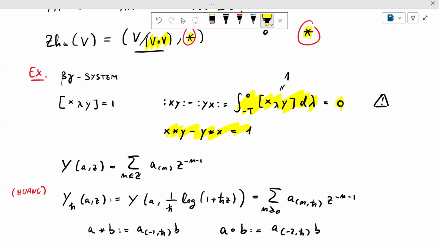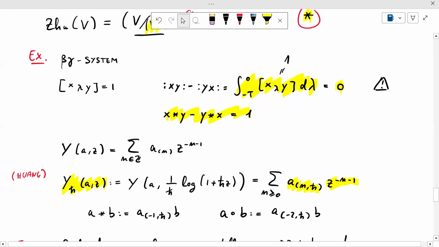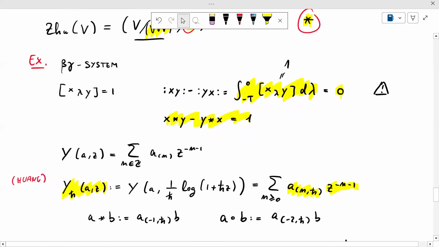One can define these deformed vertex operators in this sort of weird way, and by collecting the z's, one obtains these deformed n-th products. Now, the minus 1 product gives the asterisk product, and the minus 2 product gives the circle product.